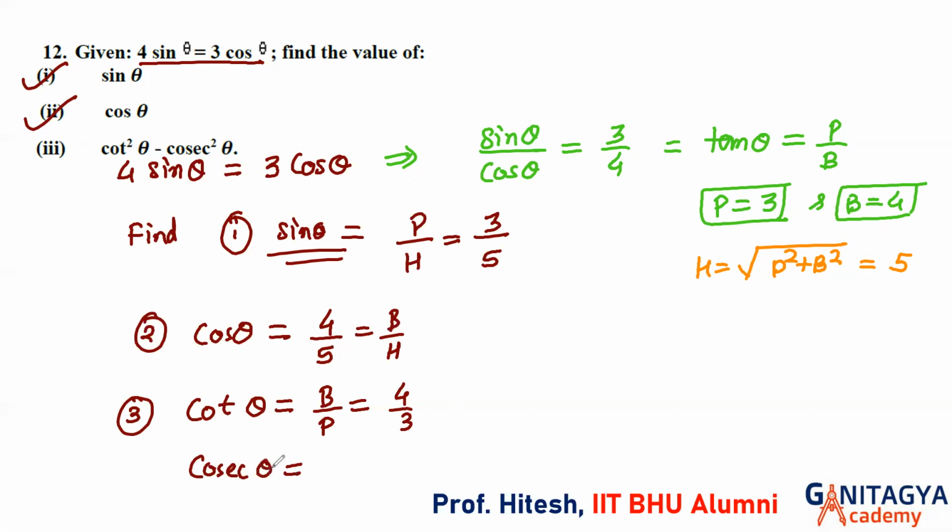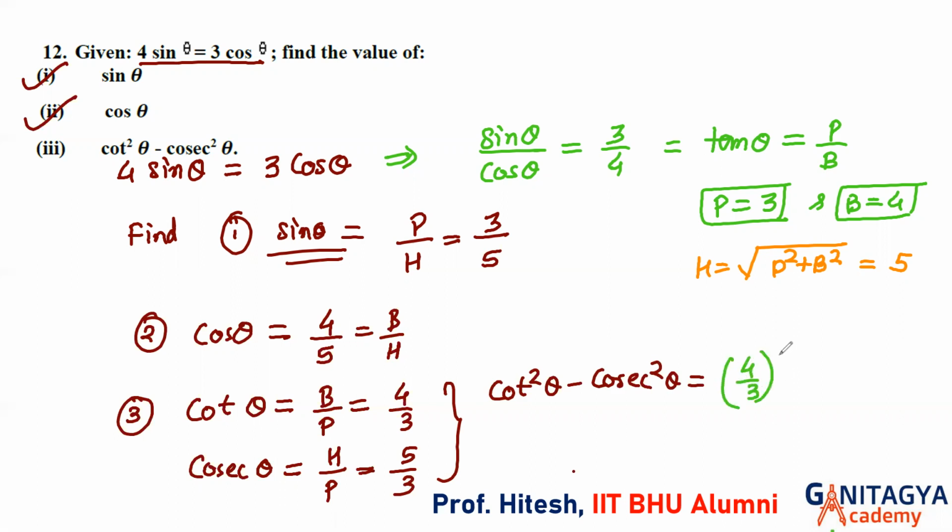Cosec theta will be 1 upon sin theta, meaning hypotenuse upon perpendicular, that is 5 by 3. So according to the question, cot square theta minus cosec square theta is equal to 4 upon 3 square minus 5 by 3 square.